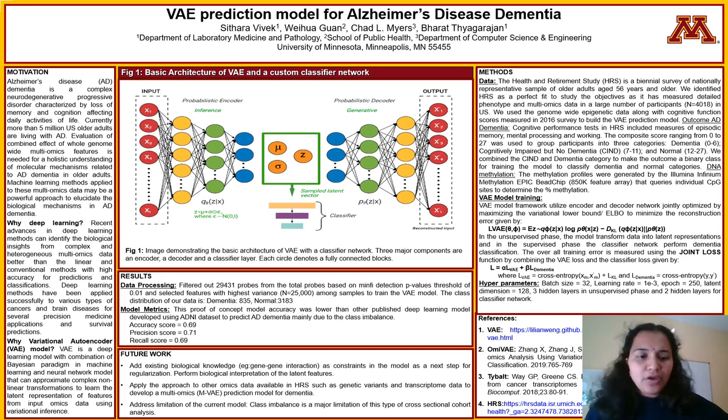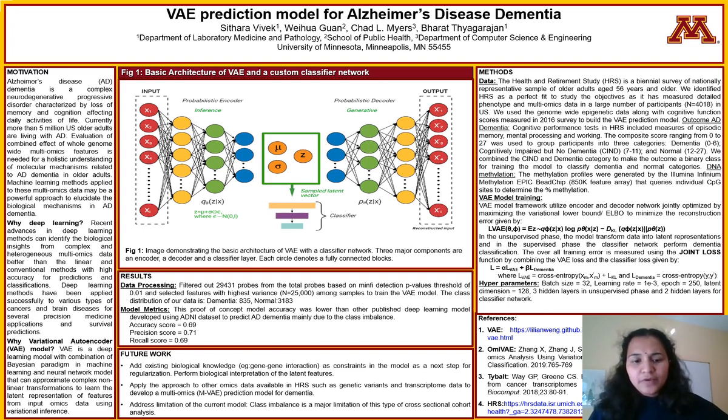As you see in Figure 1, the proposed VAE architecture has a basic VAE model and a custom classifier network. The basic architecture of the VAE includes a probabilistic encoder and a decoder layer with the bottleneck, which represents the latent features learned from the input omics data.